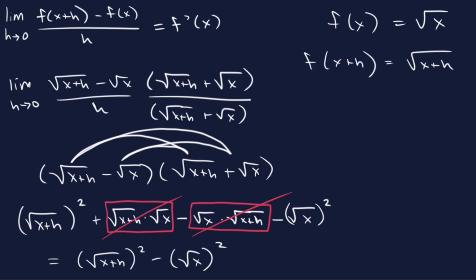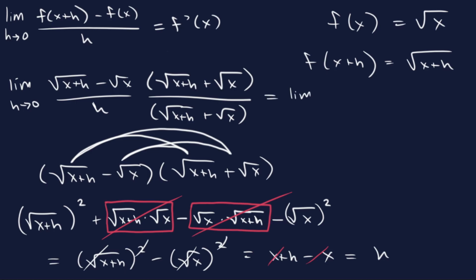And the square root is the inverse operation of squaring, and you can see that these two operations just cancel each other out. And so what you are left with is x plus h minus x. And you can see that these two x terms cancel, and so you are just left with h. So that's all the top simplifies to be.